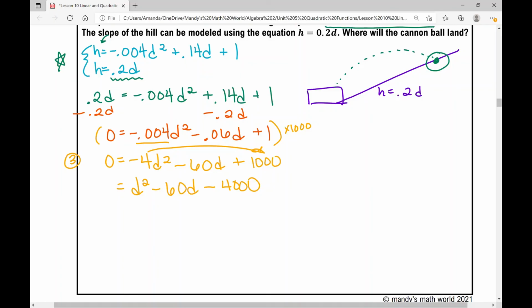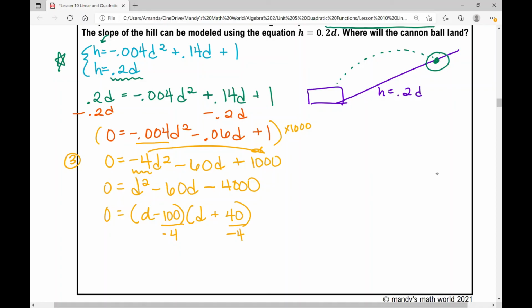Two numbers that multiply to negative 4,000 and have a sum of negative 60 are negative 100 and positive 40. So 0 equals d minus 100 times d plus 40. Because I multiplied this negative 4 into my last term, I need to divide it out of that last term.